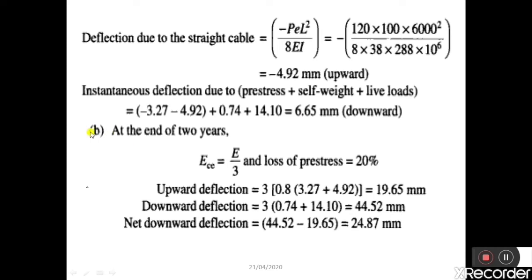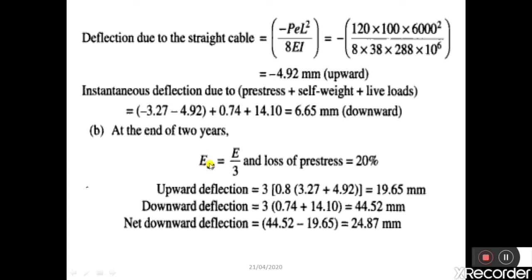In the second condition, he has asked us to calculate the total deflection in the member after 2 years, and he has given that the Young's modulus will be equal to one third of the Young's modulus during the transfer. So this is the condition.